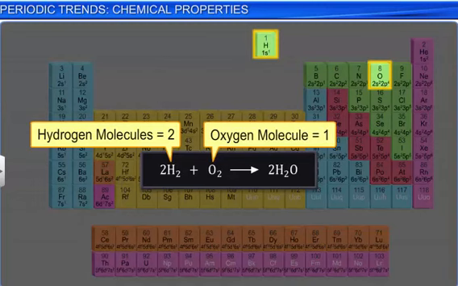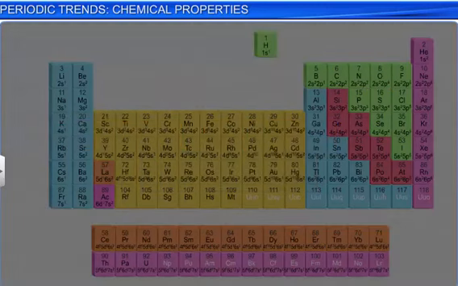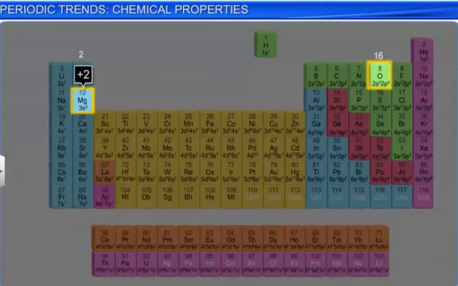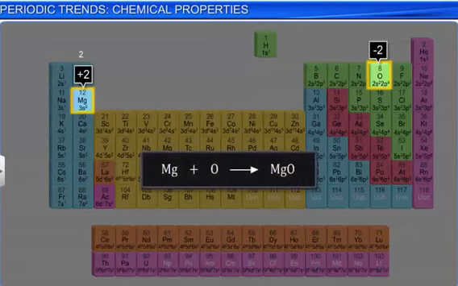For example, magnesium belongs to group 2 and therefore shows an oxidation state of +2, whereas oxygen belonging to group 16 has an oxidation state of -2. Therefore, one atom each of these two elements are required to form a compound. Hence, the formula of magnesium oxide will be MgO.